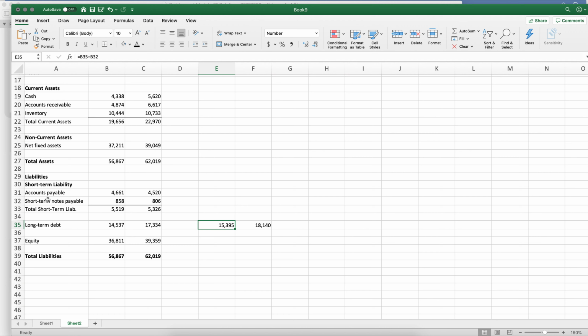Long-term debt, there's going to be some interest rate. Accounts payable is not included, and the reason for that is that there's usually no interest rate. It's just sort of like a bill that you have to pay. It's a place marker for bills that we need to pay in the future within a certain amount of time, like usually 6 months or a year, sometimes 30 days. So anyway, the point is total debt is only short-term notes payable and long-term debt.